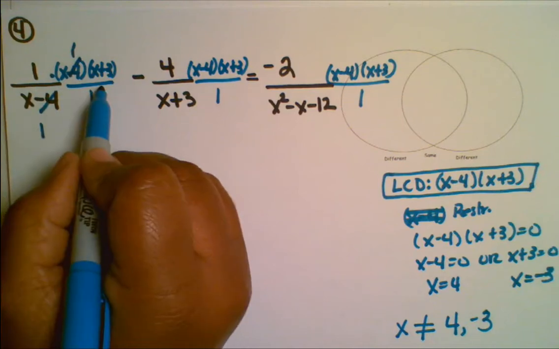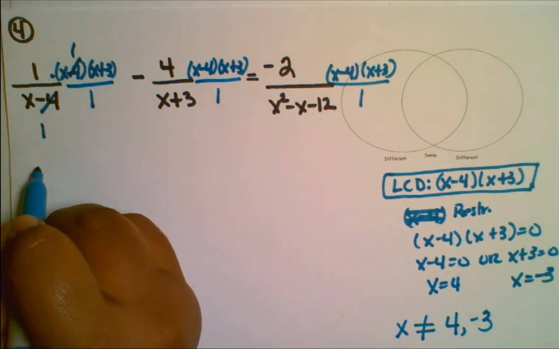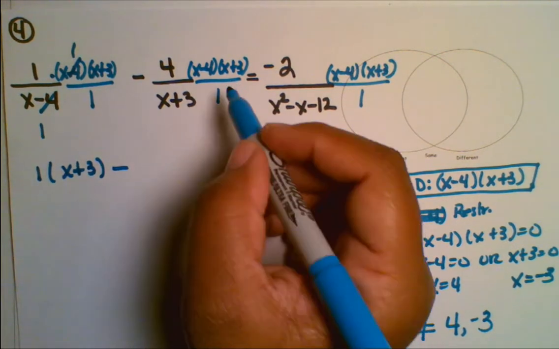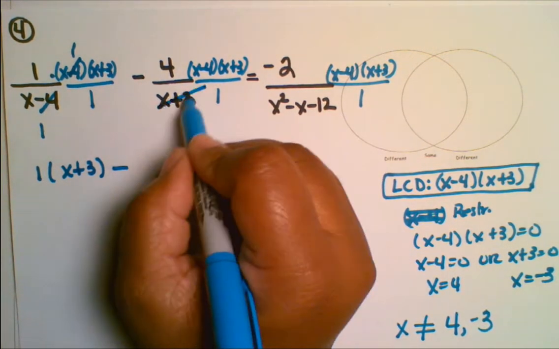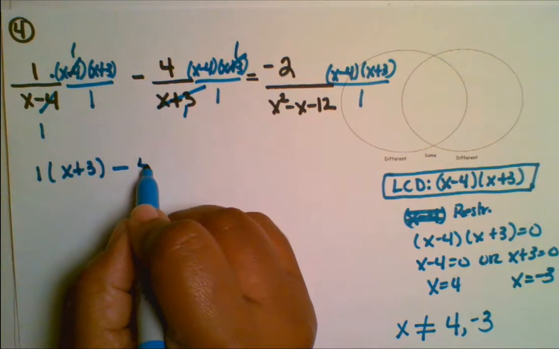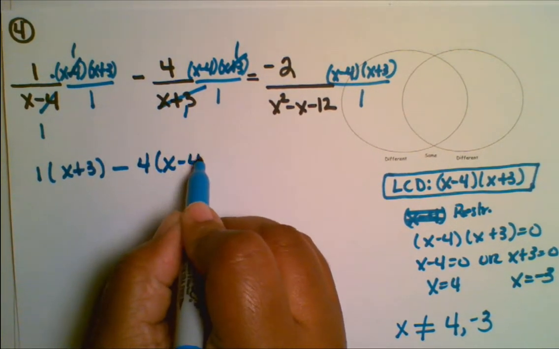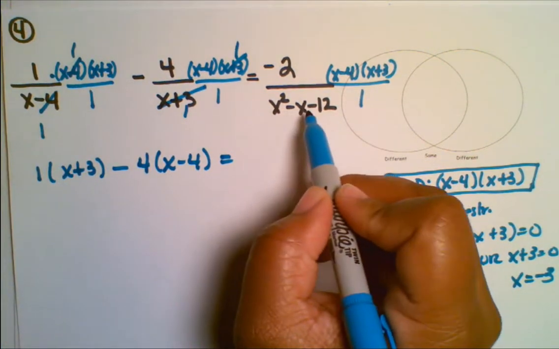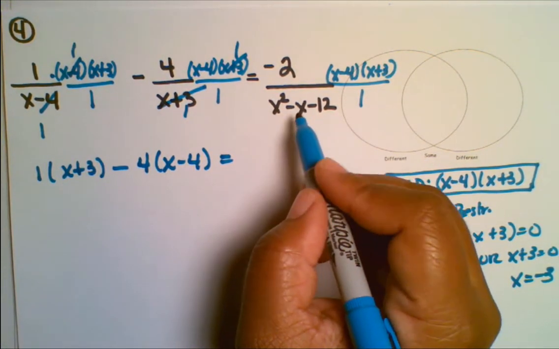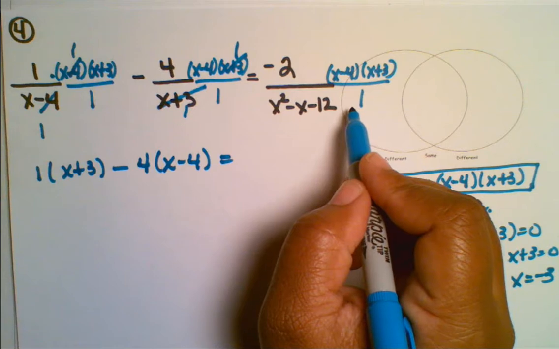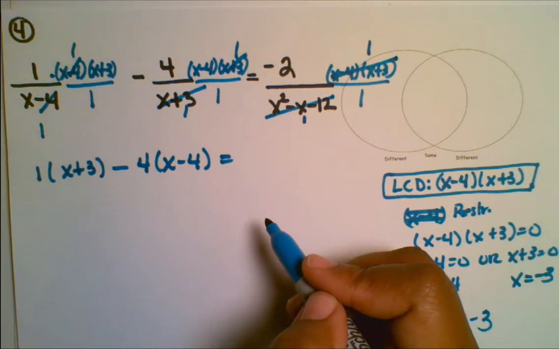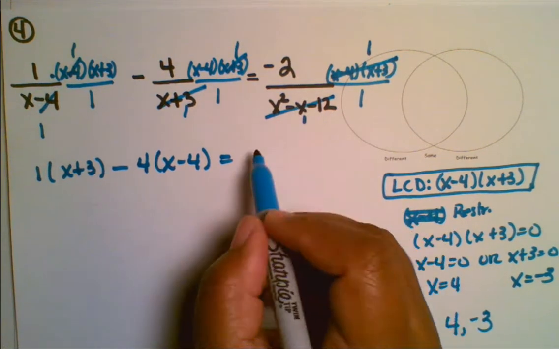Then you have 1 times (x plus 3) minus, look at the next term. The x plus 3's divide out. You have 4 times (x minus 4) equals 2. Well, we know what this denominator is equal to. It is (x minus 4) times (x plus 3). So that's going to divide into the LCD. And then we're left with the minus 2.